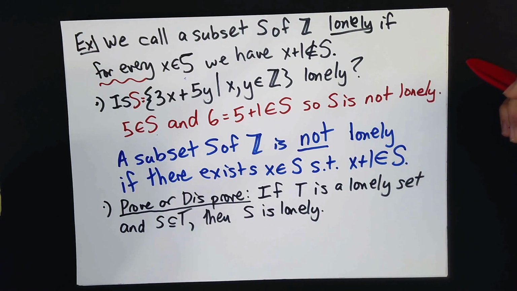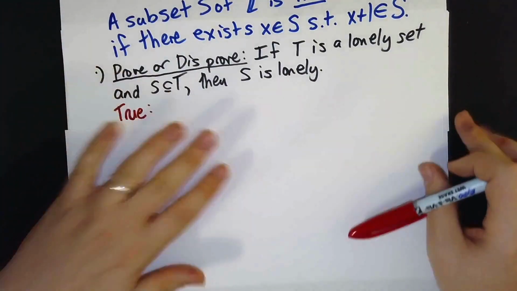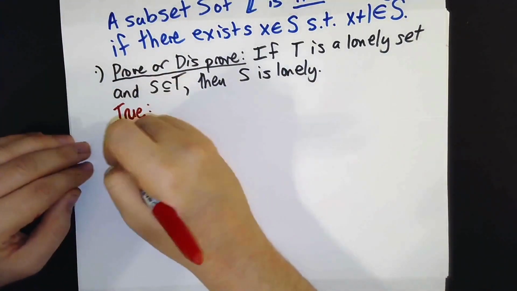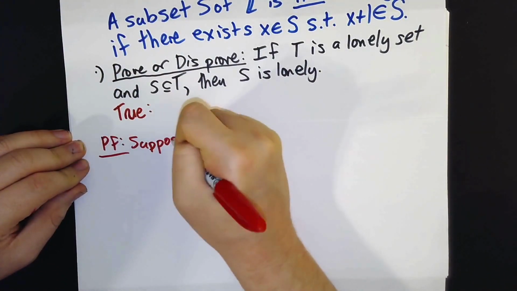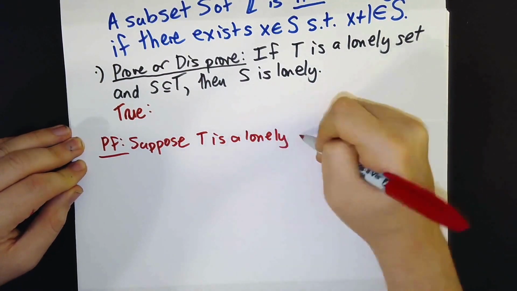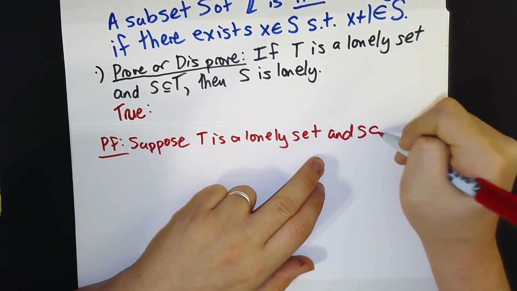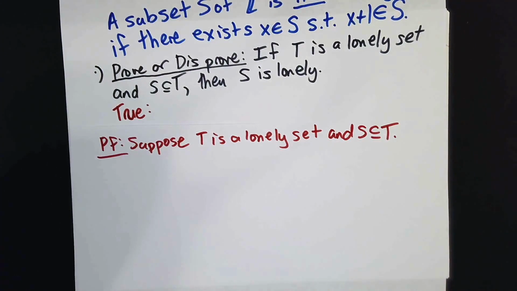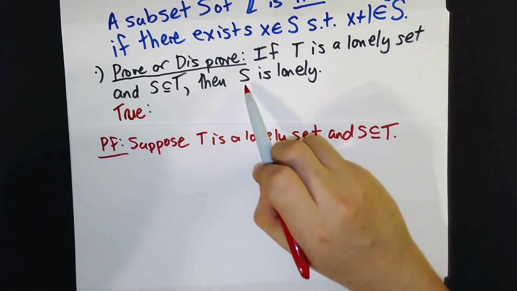And so what that means is I have to include a proof. And so let's write out the proof. Okay, so we will suppose T is a lonely set, and S is a subset of T. What is it I want to show?